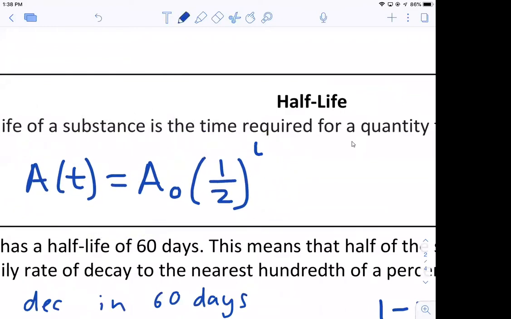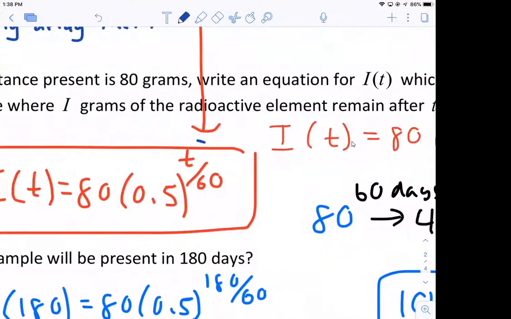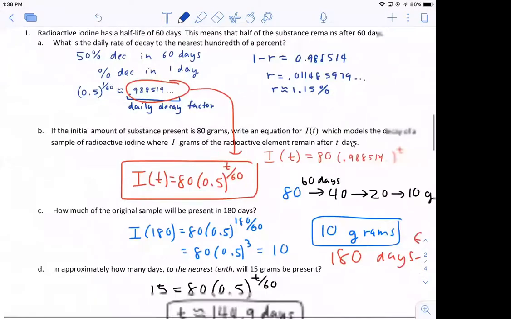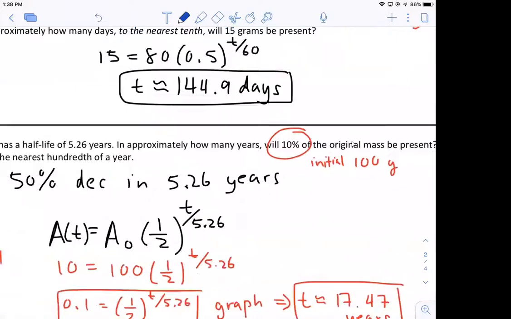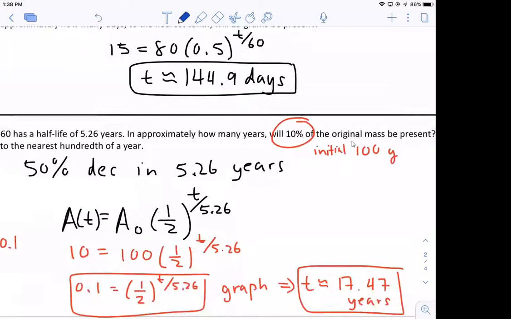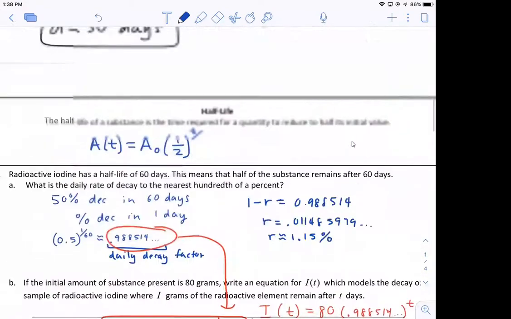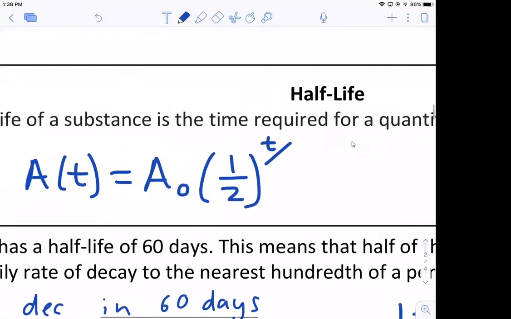So a half to the t power, divided by, well, when the half-life was 60 days, it was t over 60. When the half-life was 5.26 years, it was t over 5.26. If the half-life is 10 years, it's going to be t over 10. So in general, a half-life formula, if you want it, is just going to be t over h, where h is the half-life.